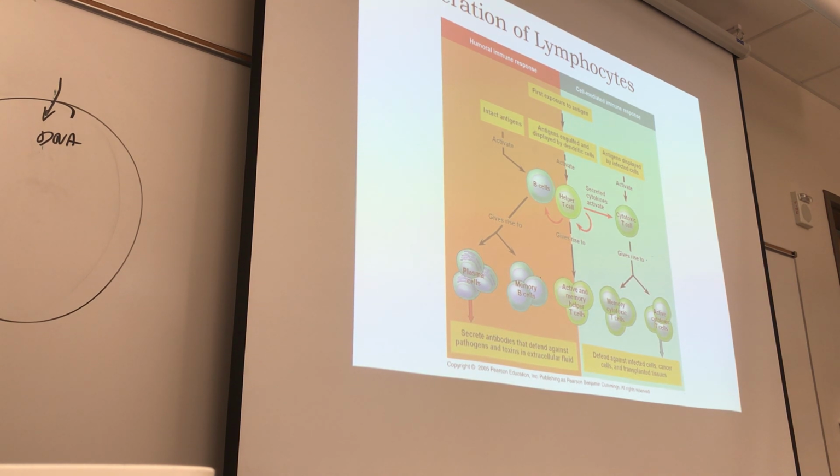HIV directly attacks the helper T cell. It's exactly what you'd want to do in war. What's the first thing we're going to do in war if we're going to go fight an army? There you go. We're going to knock out their communications, their headquarters.